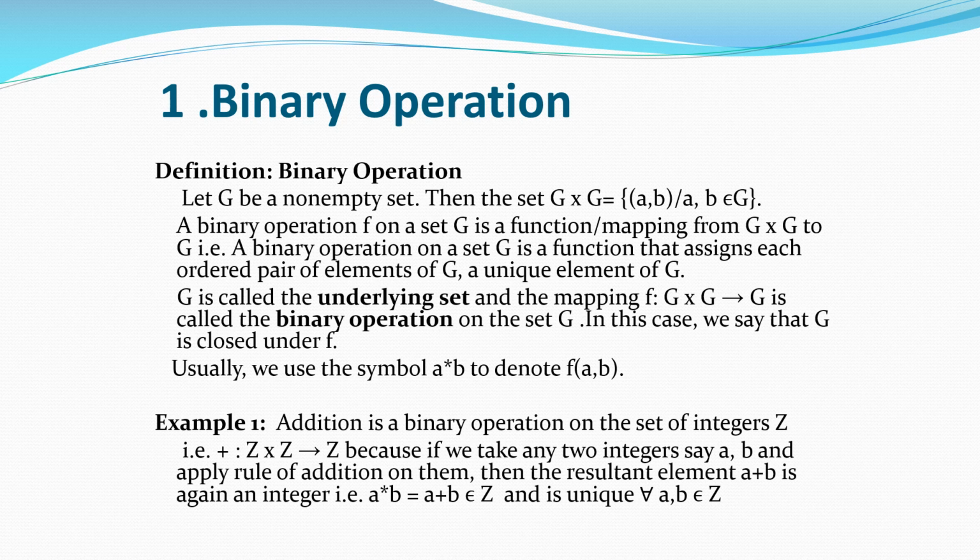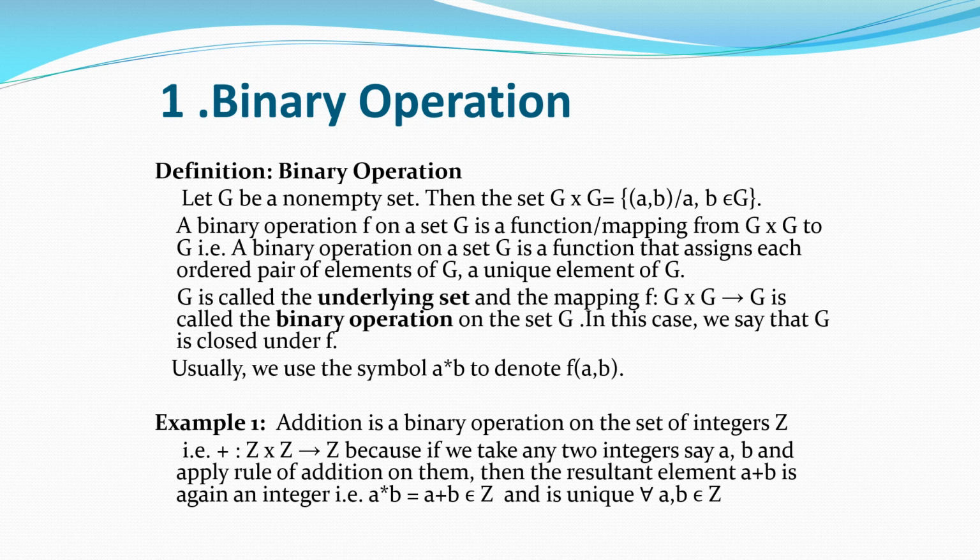That is, a star b equal to a plus b is present in Z and is unique for all a, b belonging to Z. Actually, in short, it means that if you consider any two integers, then their addition is again an integer and it is a unique element.